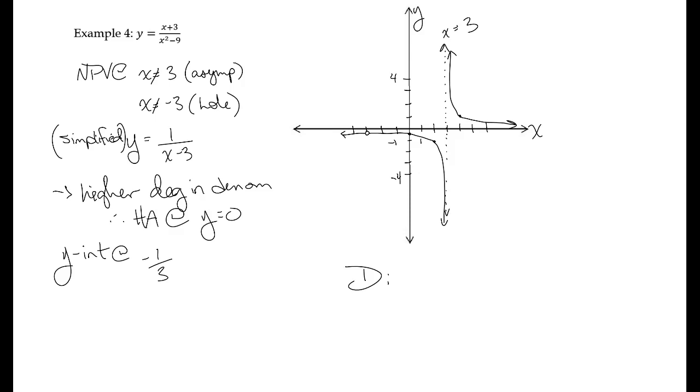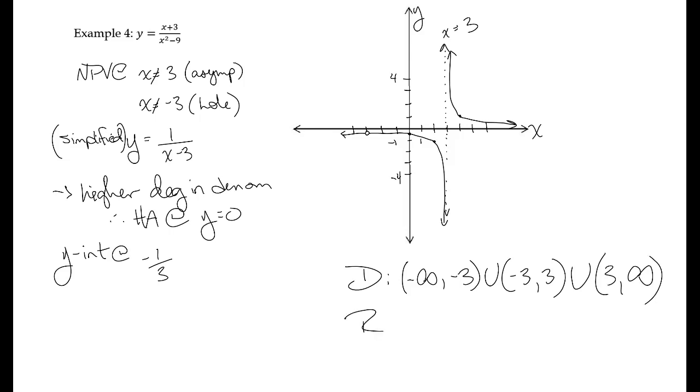So my domain, I need the hole and the asymptote accounted for. So if I'm using interval notation, it would go to negative 3, united with negative 3 to positive 3, just as if it had 2 asymptotes. And then from 3 to positive infinity forever to the right. My range then becomes a little bit different too, because I've got the restriction of negative infinity.